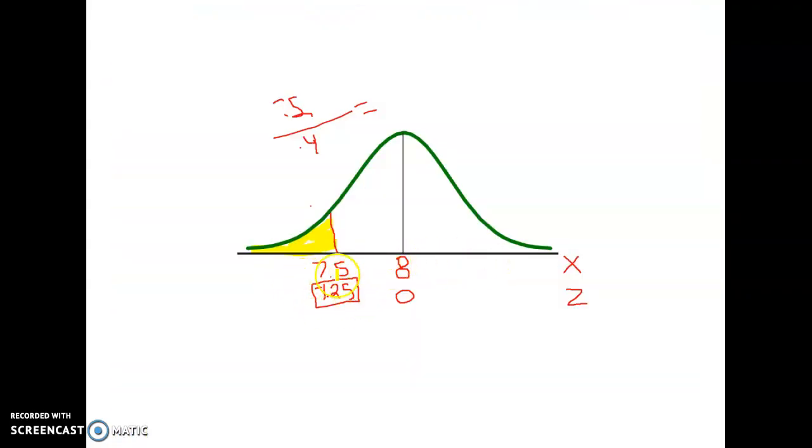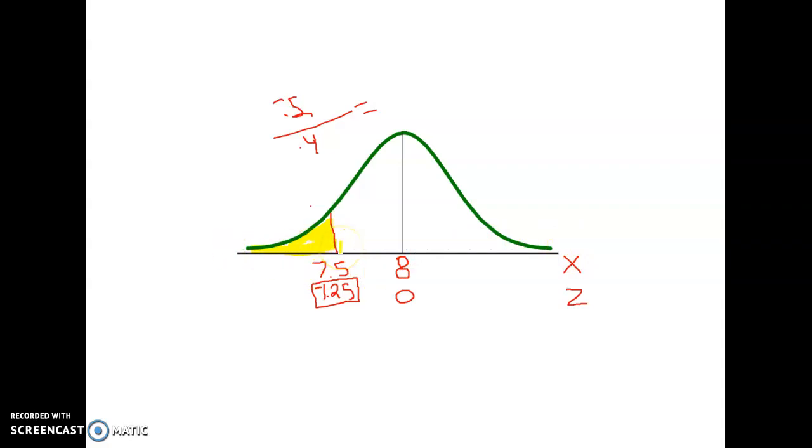Now, what does that mean? Well, remember, we're dealing with a negative z-value here. So when we say 0.8944, we're starting from the right tail and moving this way. So there is a 0.8944 probability of getting a value of this area, from positive infinity to here. But we don't want those values. We don't want to know the probability of getting a value above 7.5. We want to know the probability of getting a value up to 7.5.